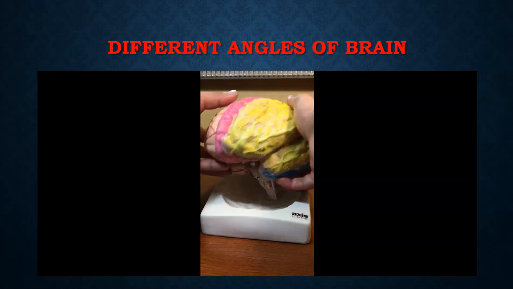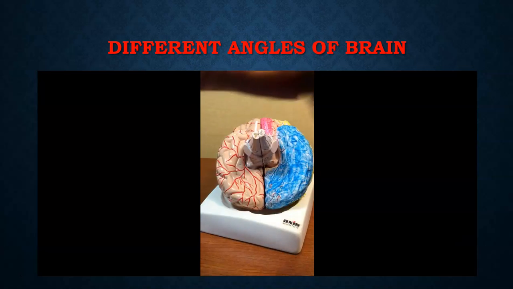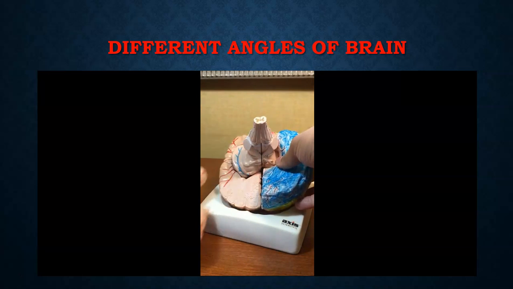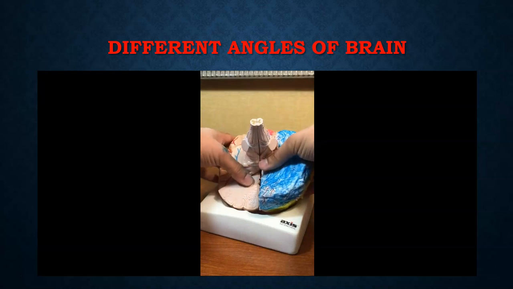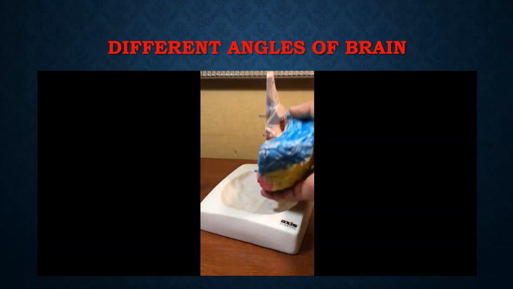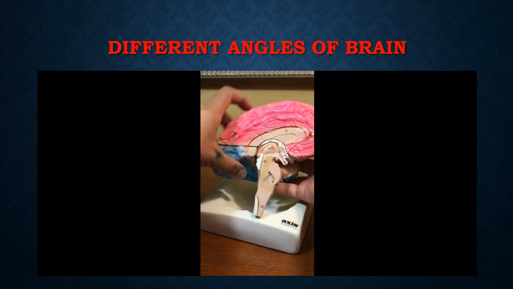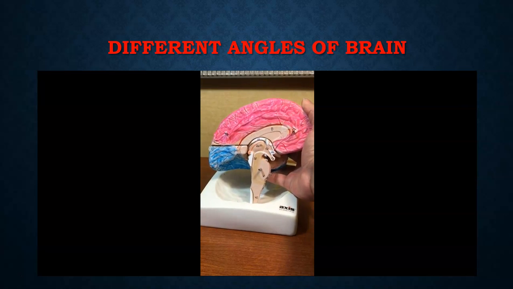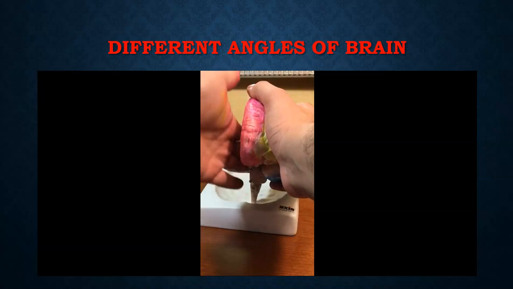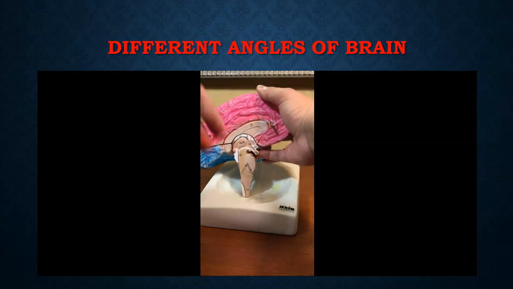Now I will show you the medial side. Let's remove the cerebellum, because we discussed that already. Now we will divide the brain into two parts here, and this is a medial view of your brain, because I divided the brain into two parts.